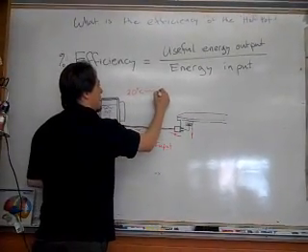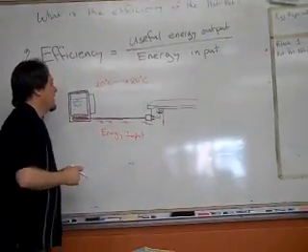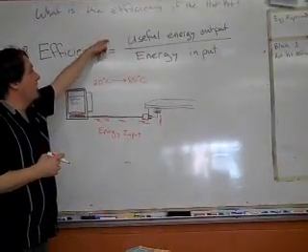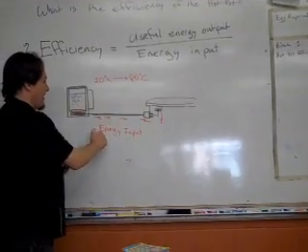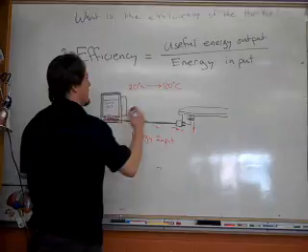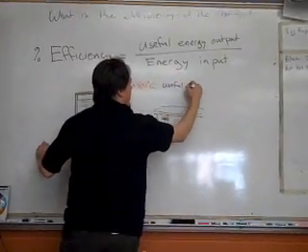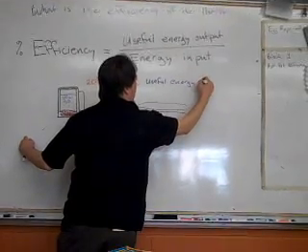You're going to heat the water until it gets to 80 degrees Celsius. That is your energy output. So the electricity is your energy input, and hot water is your useful energy output.